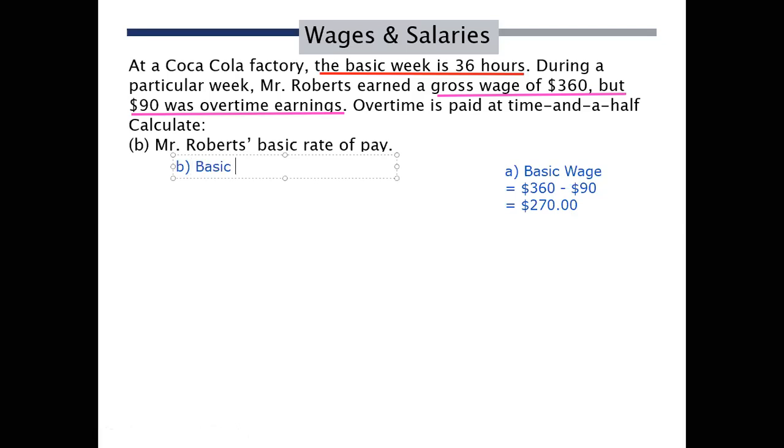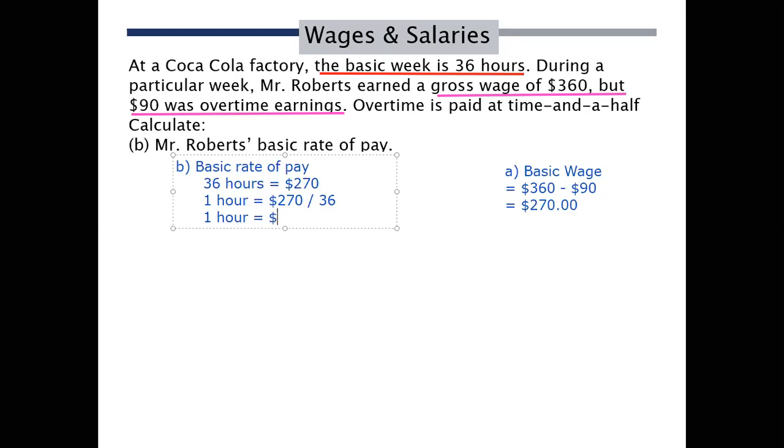Basic rate of pay. Here's what I know. I know that for 36 hours, he received $270. So I could find 1 hour. 1 hour is going to be equal to 270 divided by 36. 1 hour is equal to $7.50.